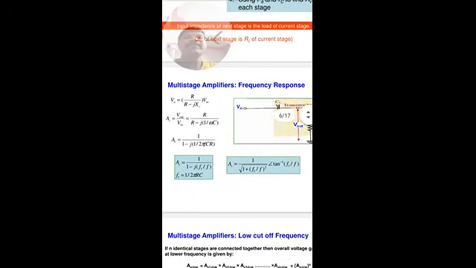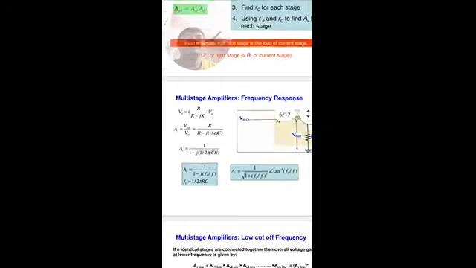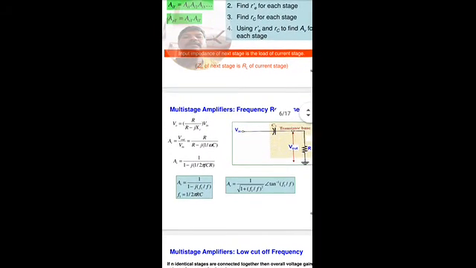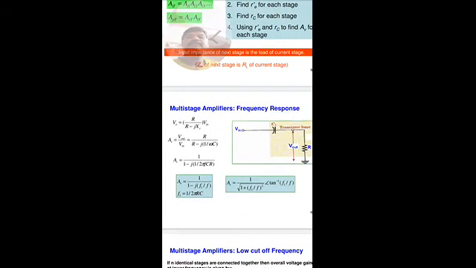Multi-stage amplifier's frequency response. See here the multi-stage amplifiers.